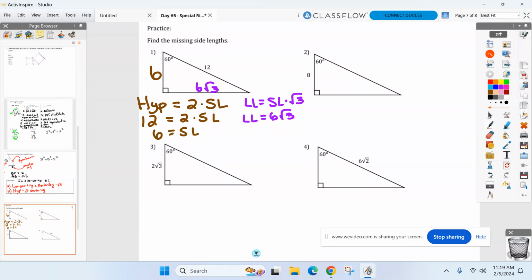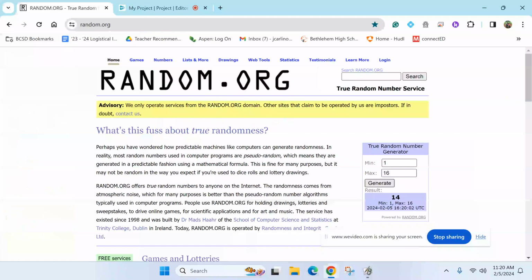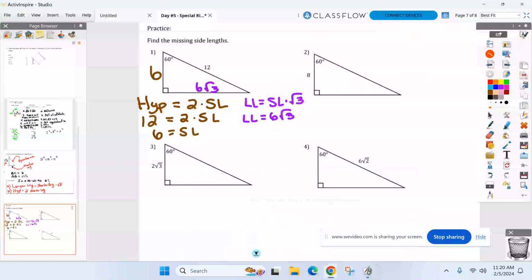All right, next up, number 2. What did I give you on number 2? What's that 8 represent up there? What's that 8 represent? Here we go, Gianna, what's that 8? Shorter leg. Awesome position to be in. Because if I give you the shorter leg, you can find any of the other 2 sides. Doesn't matter. All right, you want to start with the hypotenuse, you can find it.